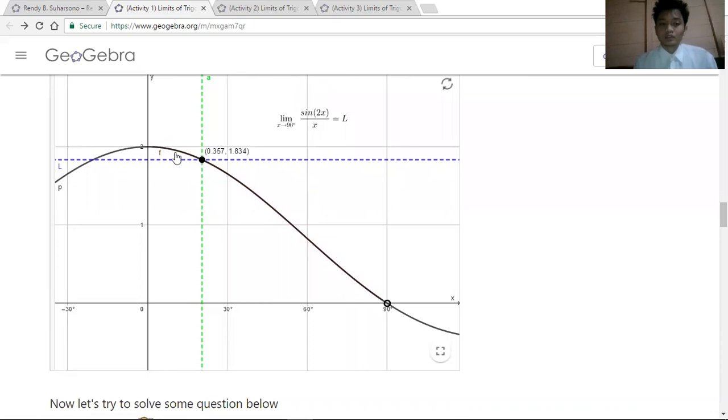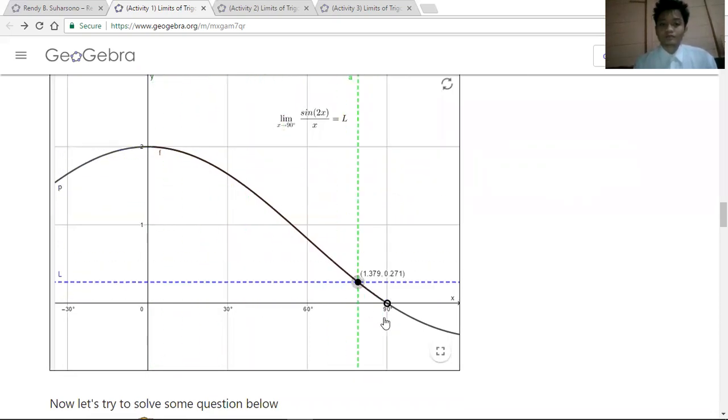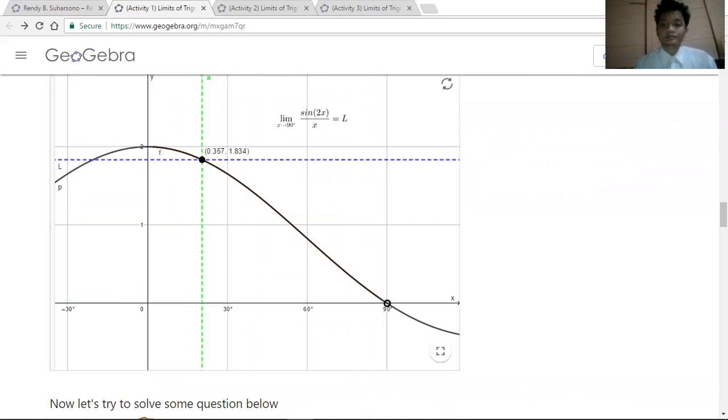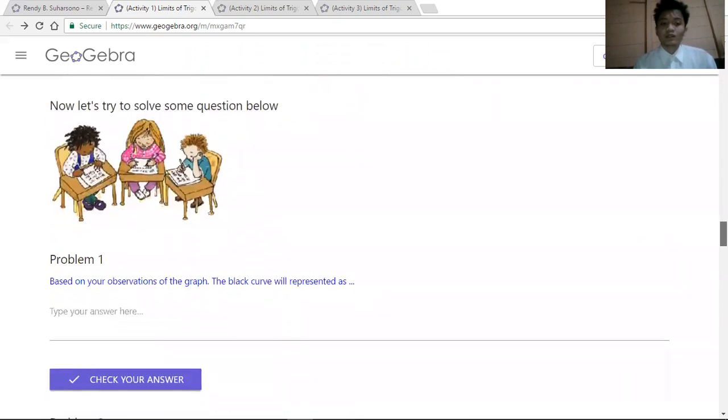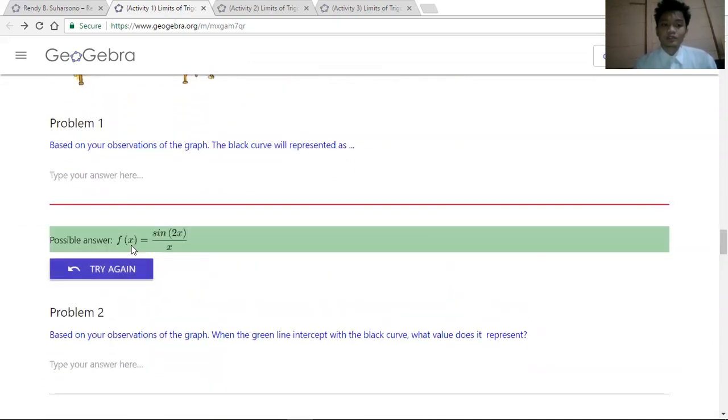Here, you can move the point along the graph and reset. Now, let's try to solve some questions below. Problem 1. Based on your observation of the graph, the bold curve is represented as... The answer is... Problem 2.